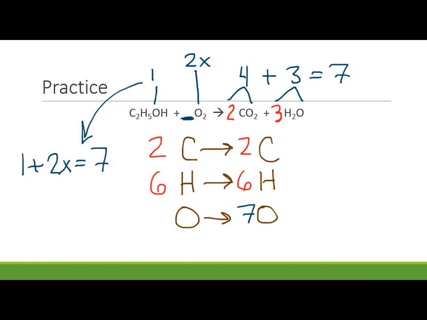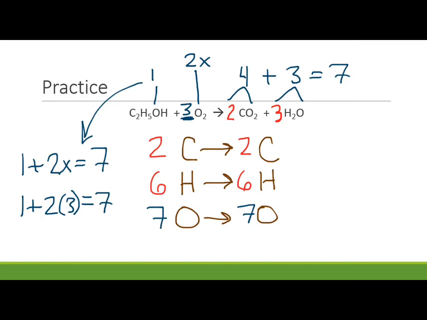So you could go ahead and just plug and chug and guess away. You could crunch it using some algebra. Turns out we could go ahead and do a 3 here, right? Because 2 times 3, 6 plus another 1 gives me 7. So it looks like my missing number there has to be a 3, which would give me a grand total of 7 oxygen. So this one's really not that bad.